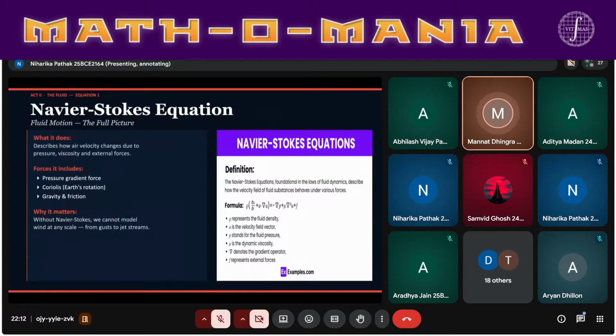So as the subtopic says, the five equations that rule the sky, right? Now this is the last equation which I'll be explaining to you right now. That is the Navier-Stokes equation.